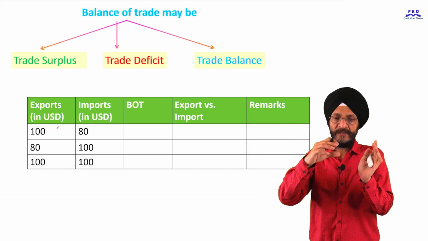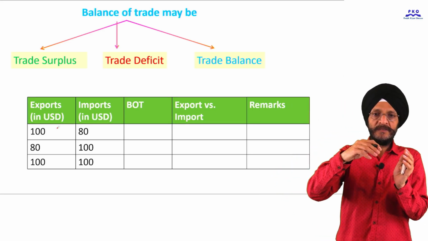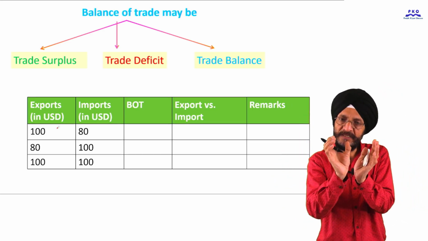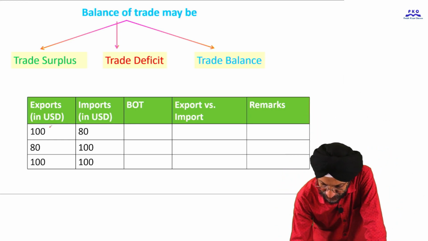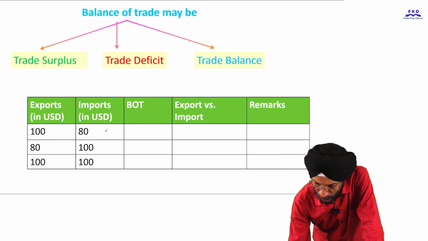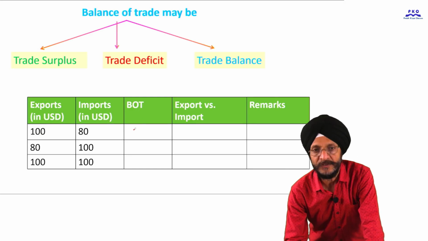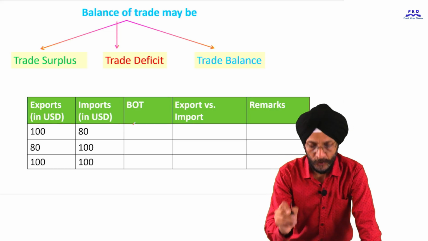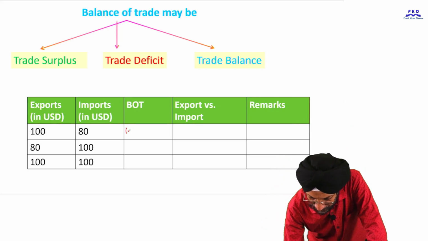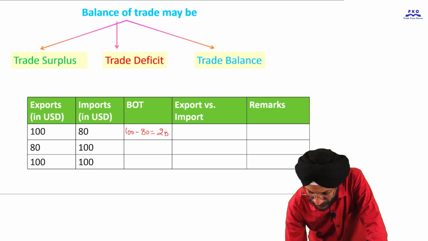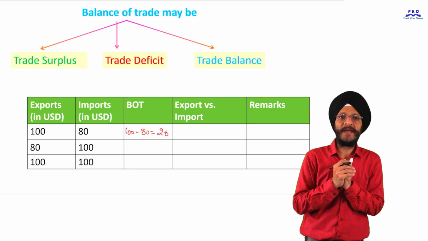We are not taking the example in billions. To keep the example simple, we are simply taking it as US dollars. So here what is balance of trade? Balance of trade is exports minus imports. So 100 minus 80 is equal to 20. So 20 is the balance of trade.